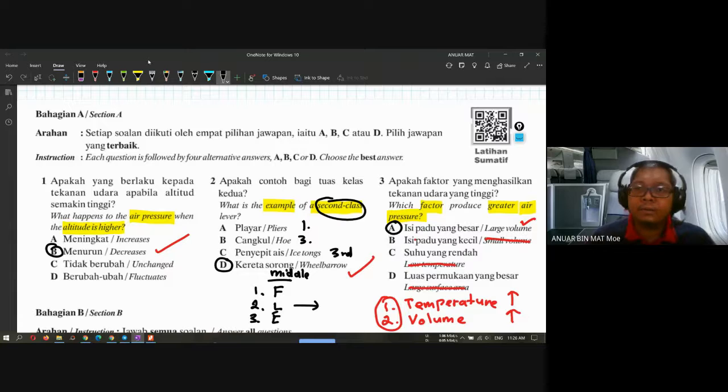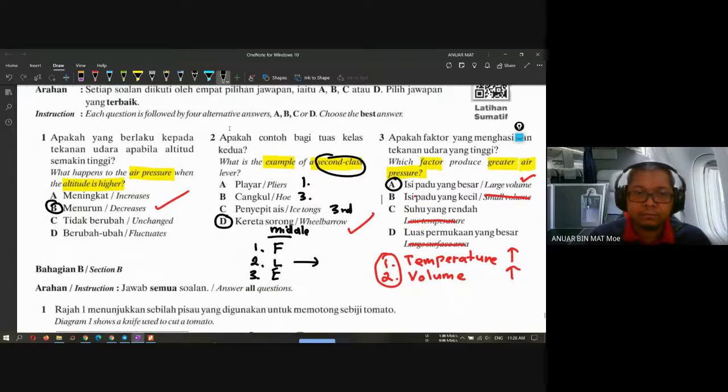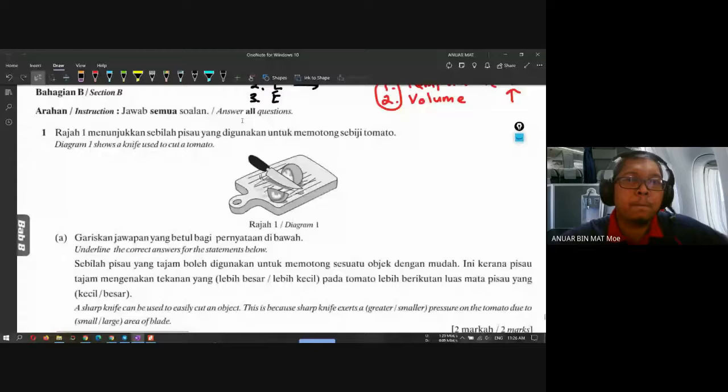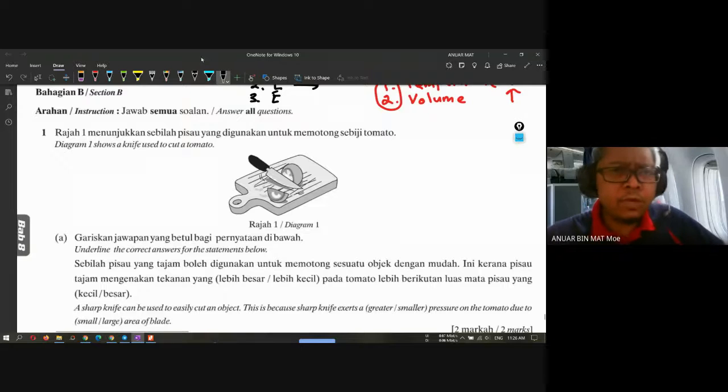Okay, right. Next one, section B. Section B, objective questions also, but given in a different form. Okay, the diagram 1 shows a knife used to cut a tomato. Underline the correct answer for the statement below.